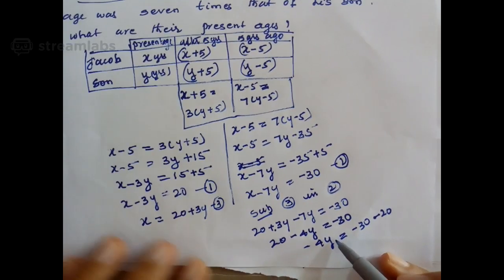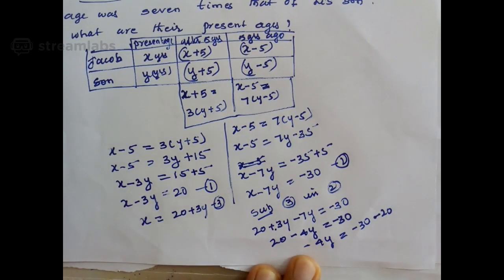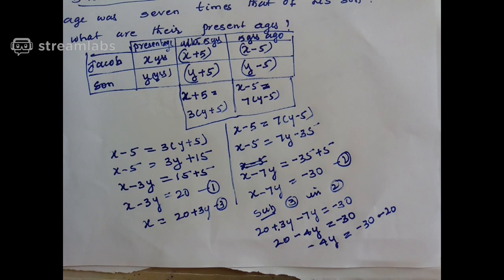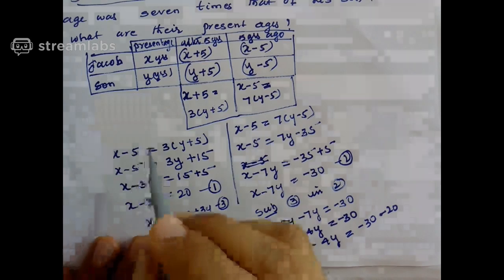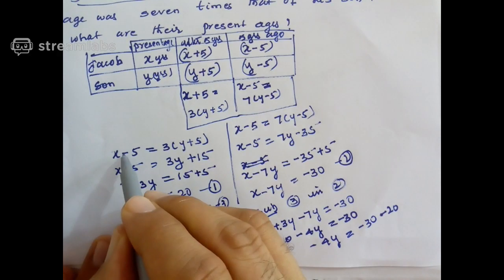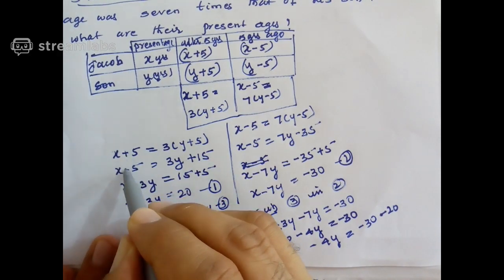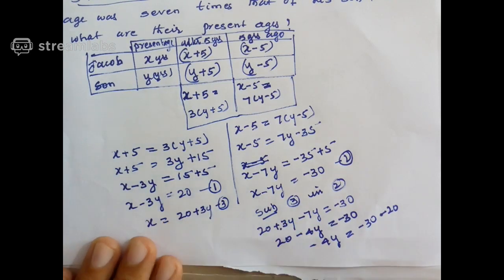Then minus 30 plus 20 is 50. Sorry, it has to be plus here, x plus 5, this one.